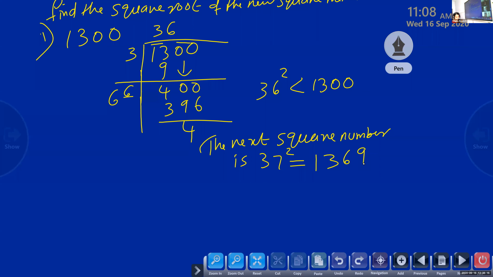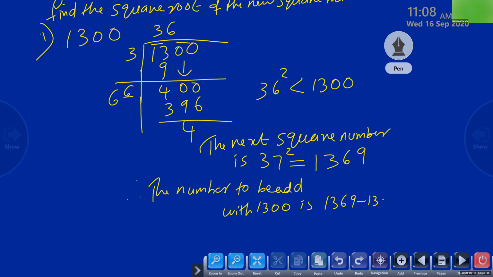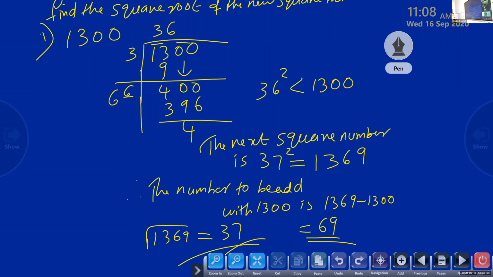Therefore, the number to be added to 1300 is 69. Also, we need to find the root of the new number. The new number is 1369 and its root is 37.